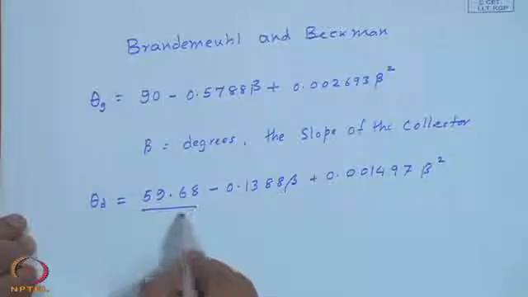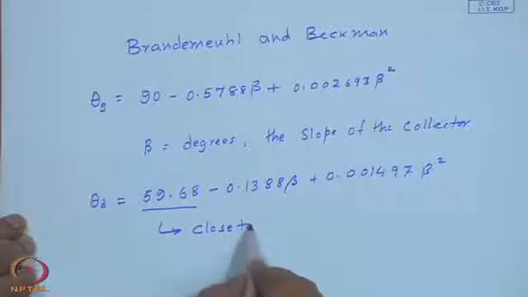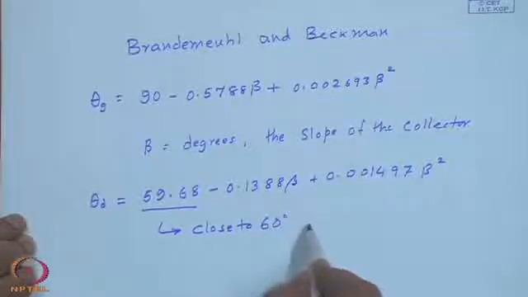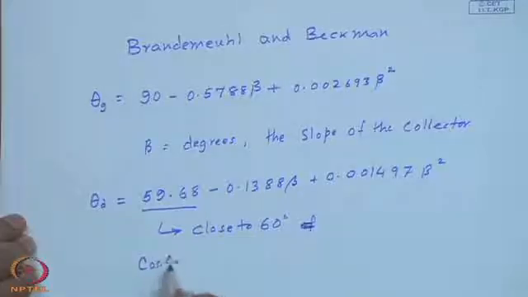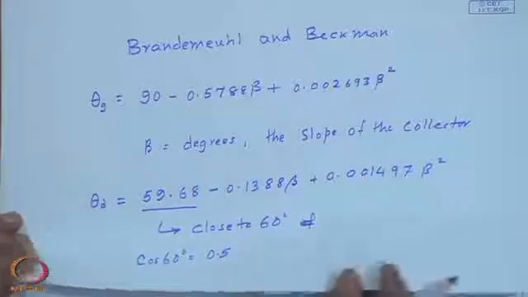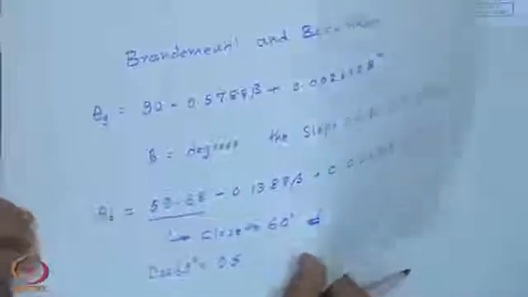Similarly, this is close to 60 degrees. If beta is 0, it will be only 59.68 and cos 60 degrees is 0.5. So, if you have a horizontal collector, our transmittance absorptance product will be corresponding to theta is equal to 60, which is cos 60 is a half.